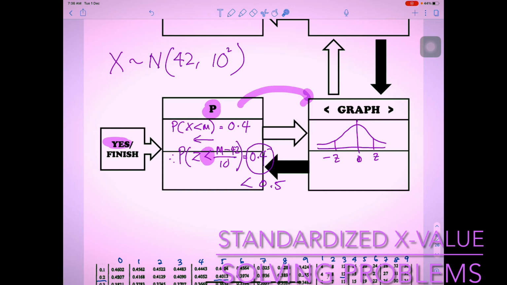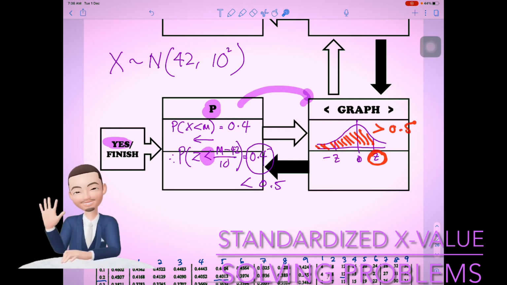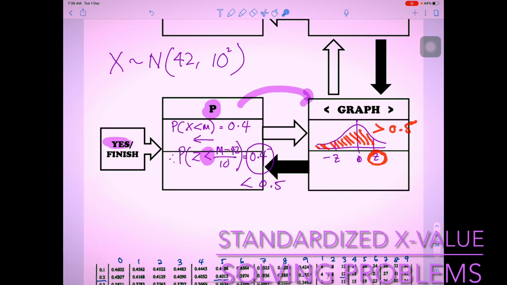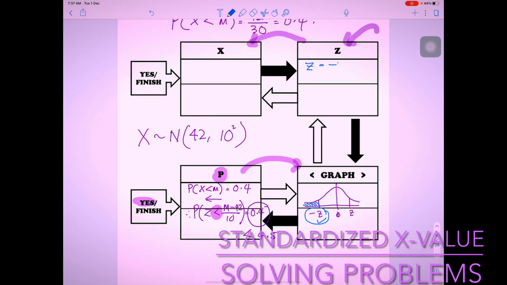If we choose positive Z, with the inequality to the left, the area is more than 0.5, so this is not the correct answer. So what do we do? If we choose negative Z and shade the area, this is the correct Z value. So the conclusion is the Z value is negative.